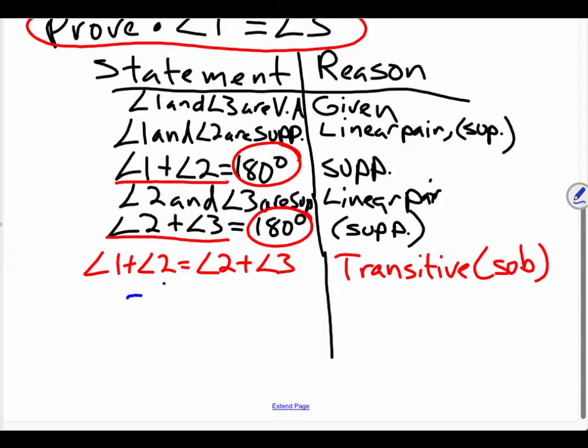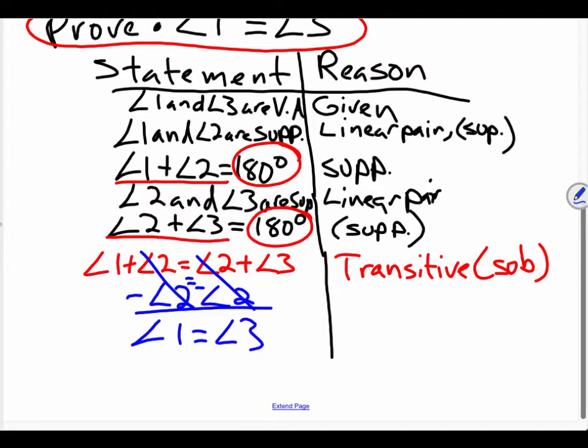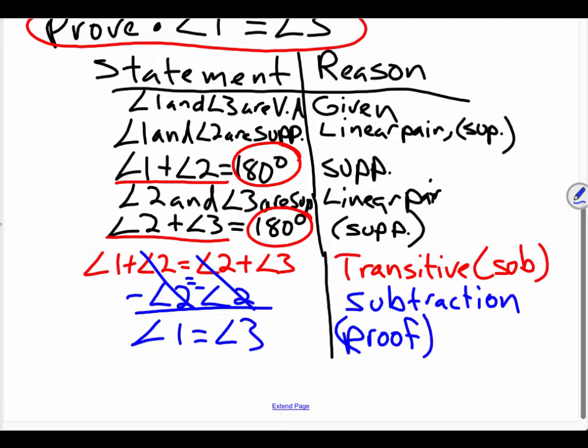Well, couldn't I say subtract the angle measure of angle 2 on both sides? This cancels with this one, this cancels with this one, and I get angle 1 is equal to angle 3. That's the property of subtraction. And that's our proof. That's what we were asked to prove.